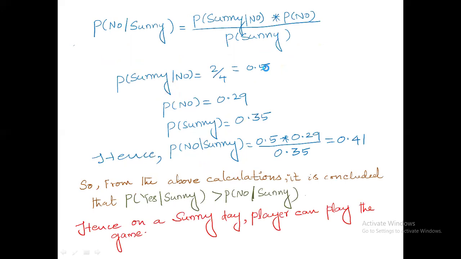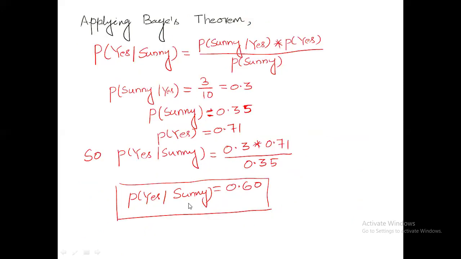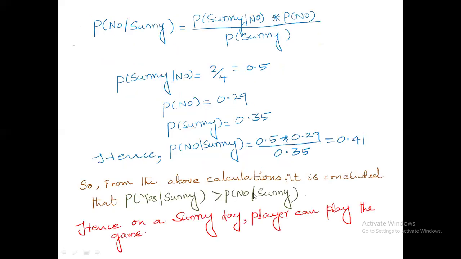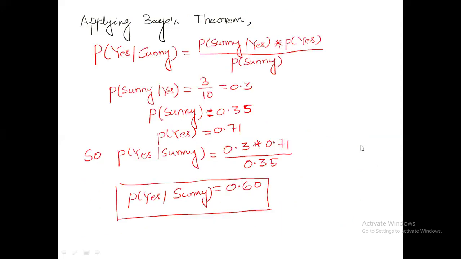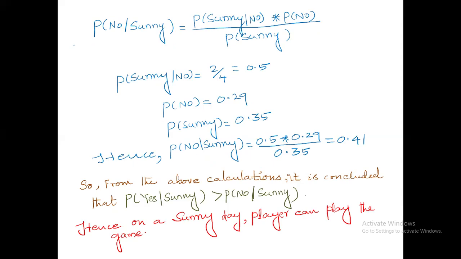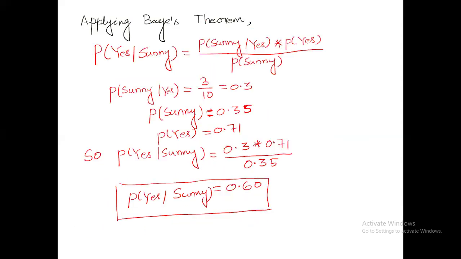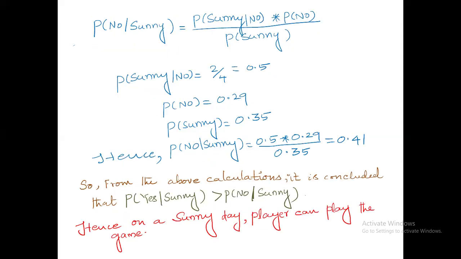So from these two calculations, probability of yes given sunny is 0.60 and probability of no given sunny is 0.41. Which value is the highest? Probability of yes given sunny is greater than probability of no given sunny.